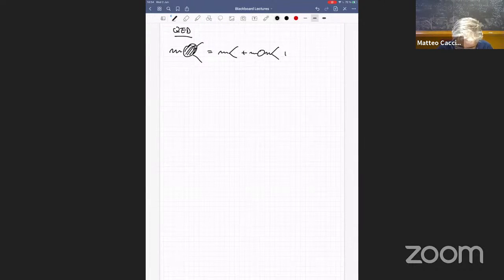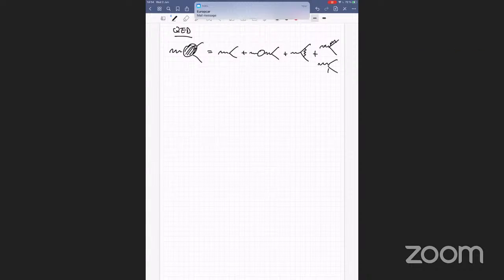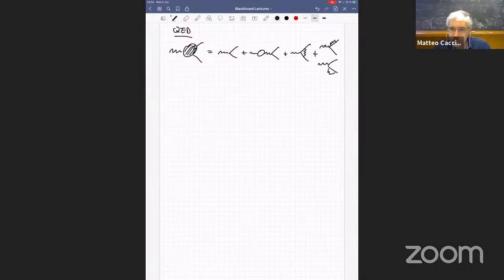Then you will have the self-energy correction, and the vertex correction. And then you will have one self-energy, and you will have the other self-energy. This is the whole set of diagrams. It happens in QED, again, due to a Ward identity, that these things cancel.